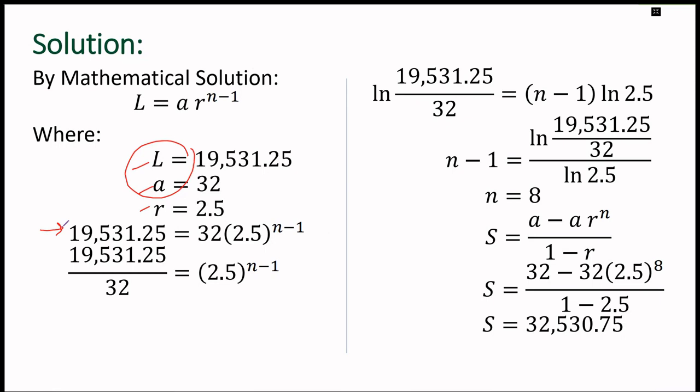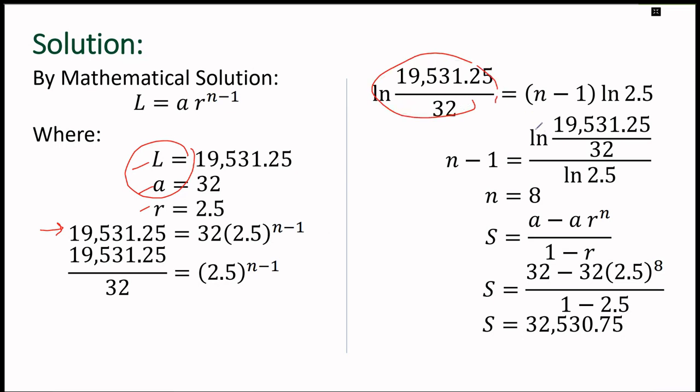So we apply ln. We divide this by 32 to simplify. So we have ln of this one, ln of this one.